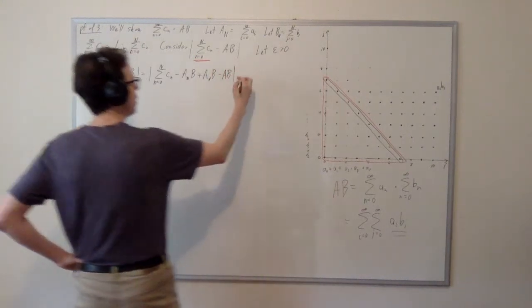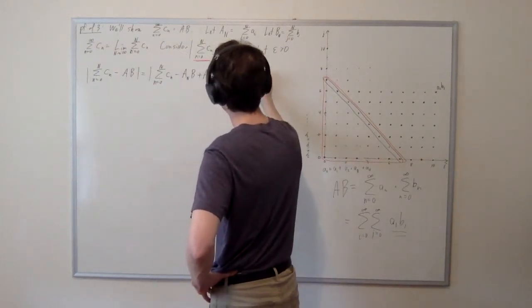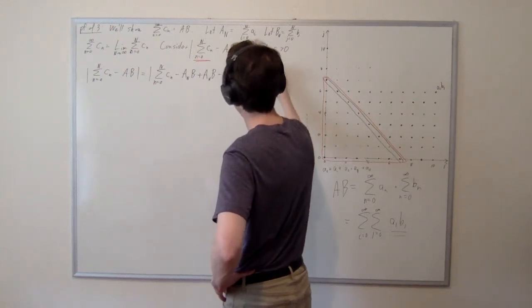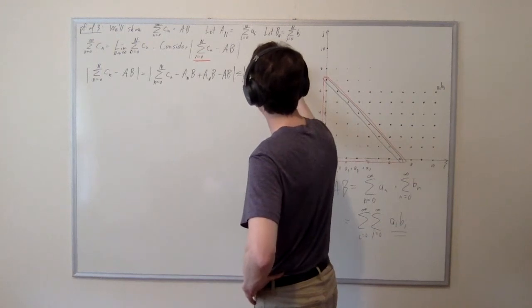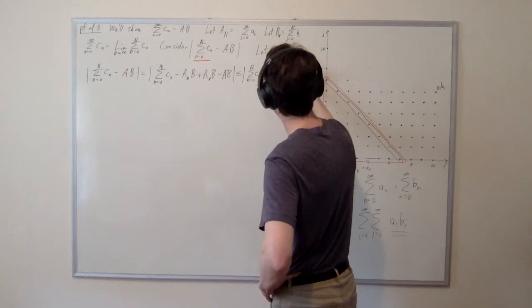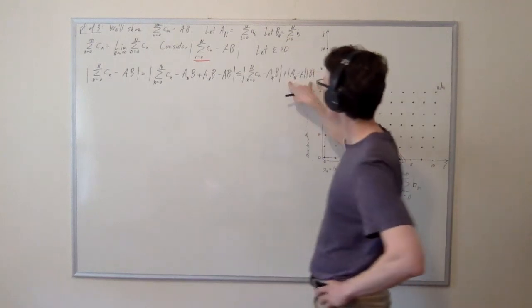And then, of course, immediately, what does that lead to? The triangle inequality. So the first term will be the summation C_n from 0 to cap N, and then we'll be subtracting from that A sub cap N times B. And then we'll get another term here, where B factors out, and we get A sub cap N minus A times modulus B.